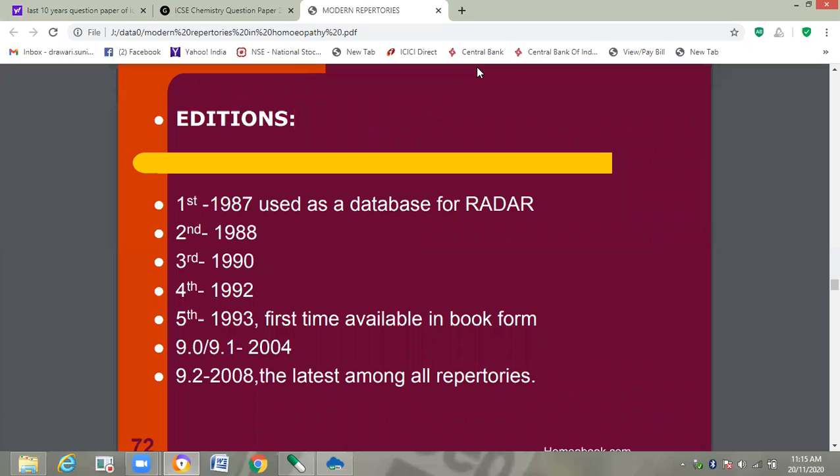Synthesis seventh version was published in 1997. The seventh version is enriched with many additions and contains more than 2000 medicines.